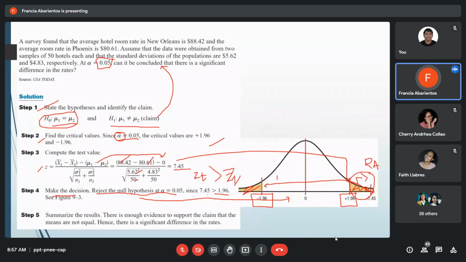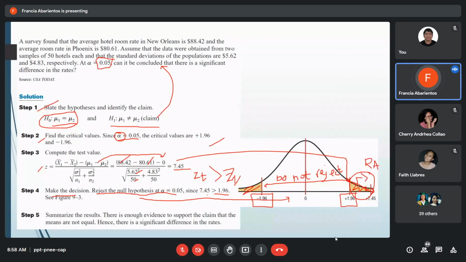This is now the do not reject region. If your z-test value falls here, do not reject, meaning you do not reject the null hypothesis. But since it falls in the rejection area, automatically we reject the null hypothesis.